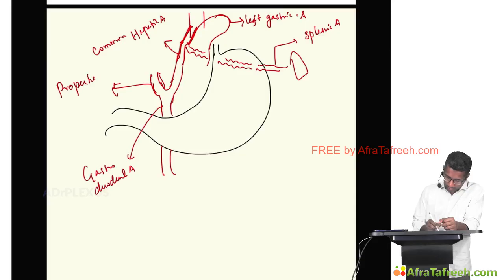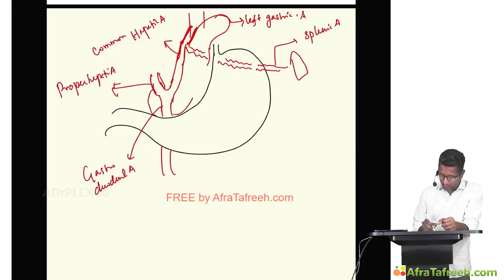This proper hepatic artery, when it arises, gives a branch to the lesser curvature of the stomach. This is called the right gastric artery.